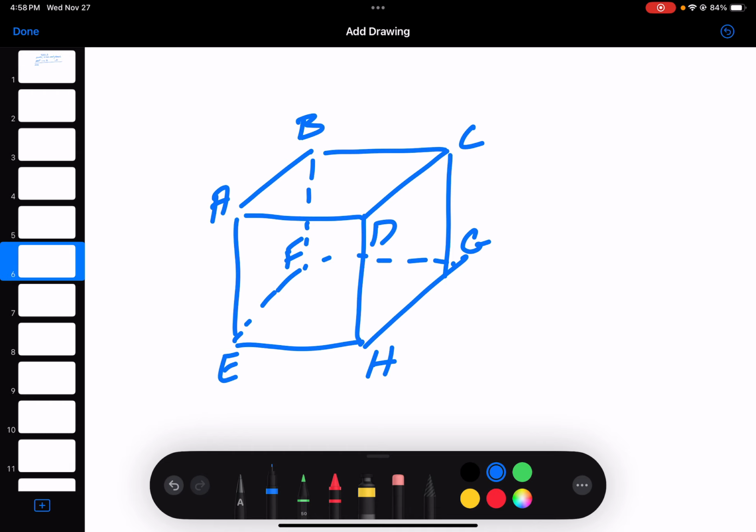In a cube we have 6 planes, right? It's just like a dice. When you roll a dice, you have 6 faces, and each face represents a plane.